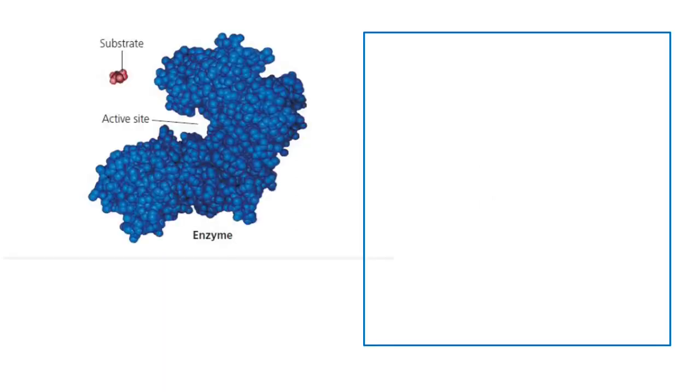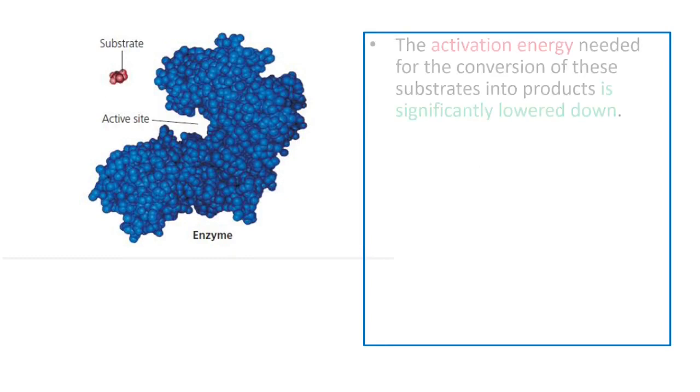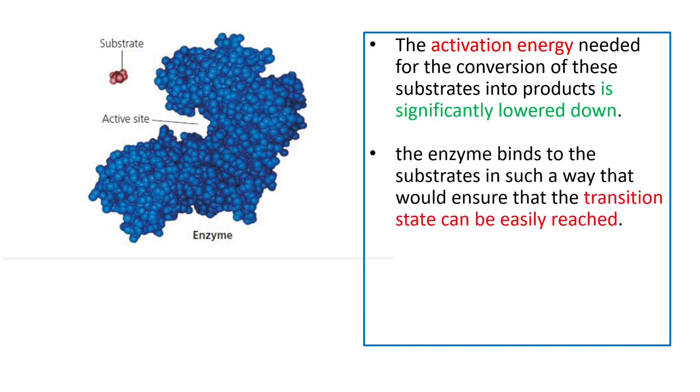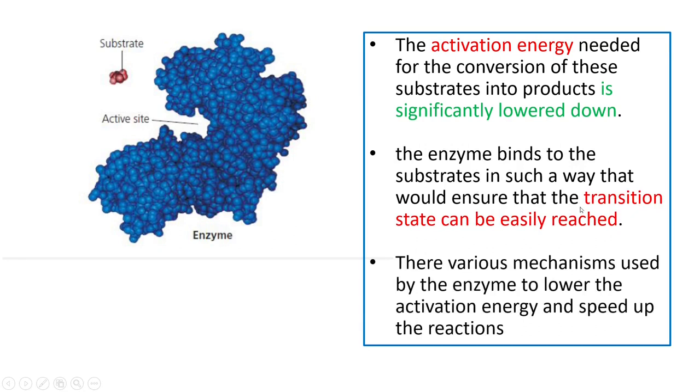Okay, so here are some things we have to take note of about the active site. The activation energy for the conversion of the substrates into products is significantly lowered, as mentioned a while ago. The enzyme binds to the substrate in such a way that ensures the transition state can be easily reached. And finally, there are various mechanisms used by the enzyme to lower the activation energy and speed up the reaction.